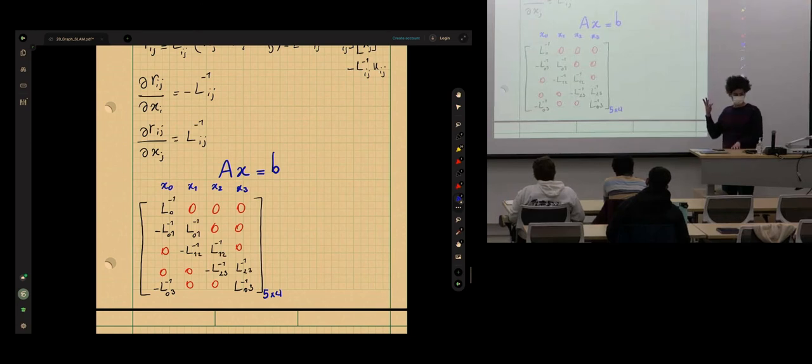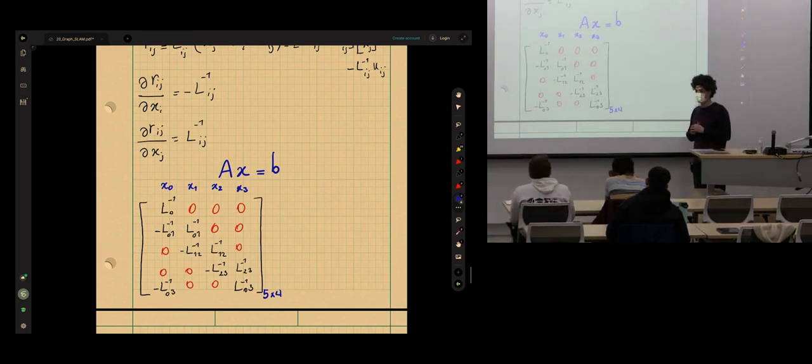If it's a 3D position, x0 has 3 columns itself. If it's a 3D pose, it has 6 columns.